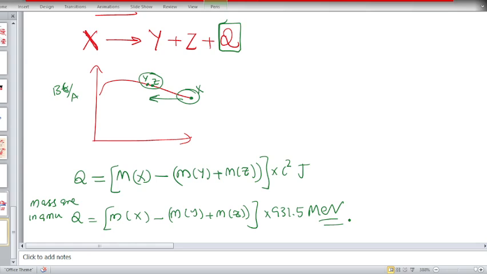That is the energy released in the fission interaction.